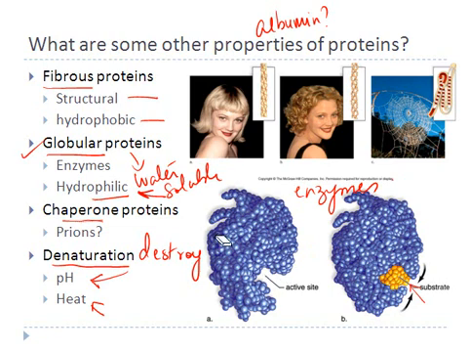The active site is a region in which there is a unique configuration. An active site is a region which has the same configuration as a substrate, and if you have the right substrate, then it can fit in the active site and cause changes within the molecule.